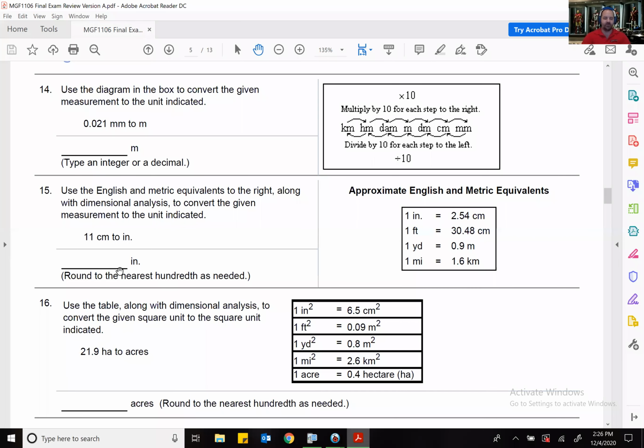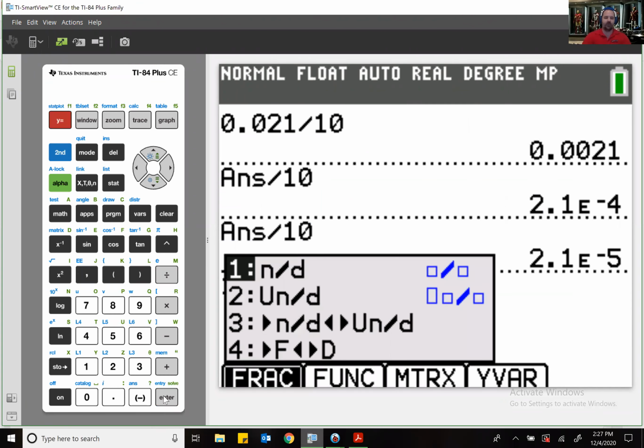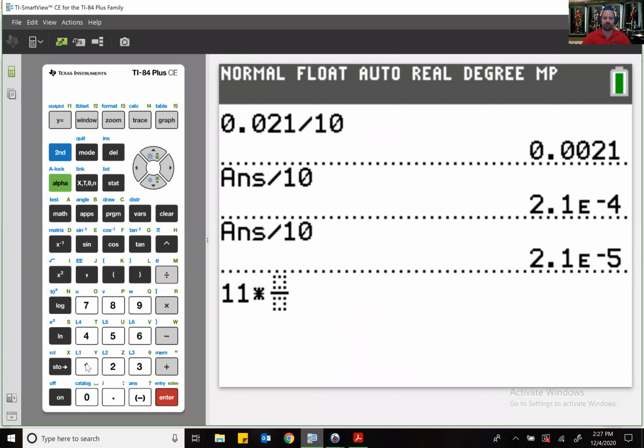The other thing is make sure that you watch your rounding. It says to the nearest hundredth. How many decimal places is hundredth? 2. So 2. All right. So I hit 11 alpha y equals to help put it in my fraction 1 over 2.54.